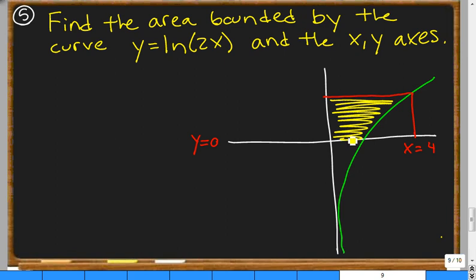And you may ask yourself why we couldn't integrate like this, a little bit more normally. Well, it's because the graph doesn't exist until a certain point, until right here.